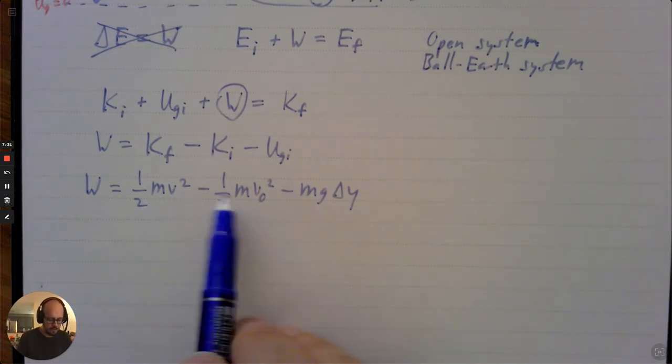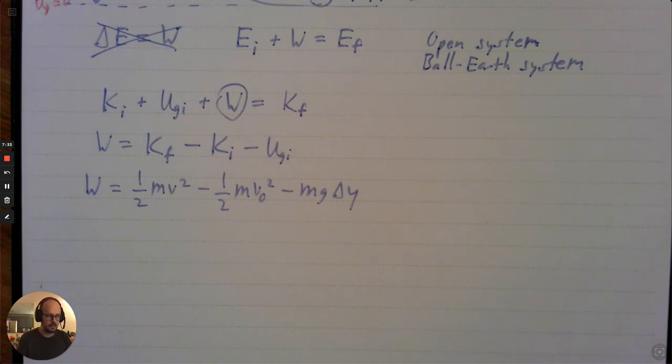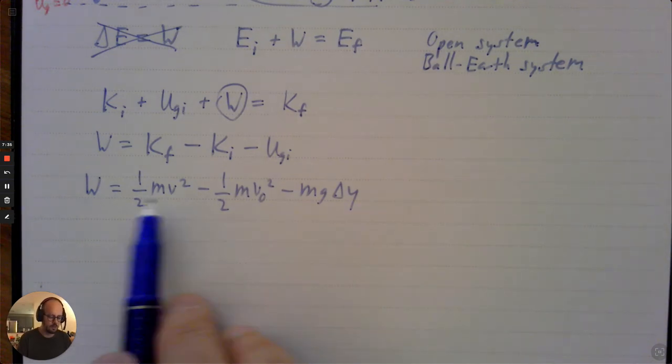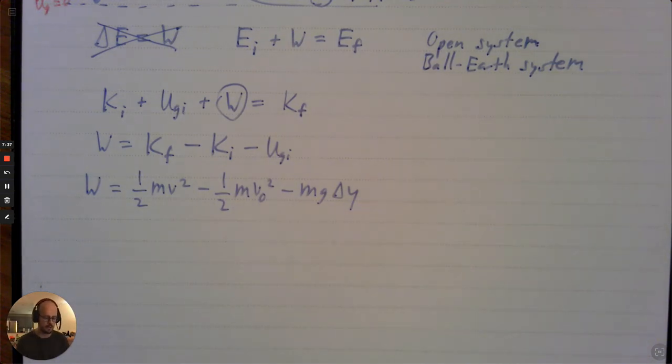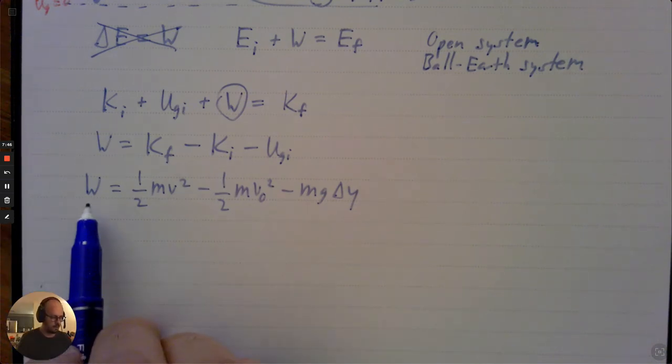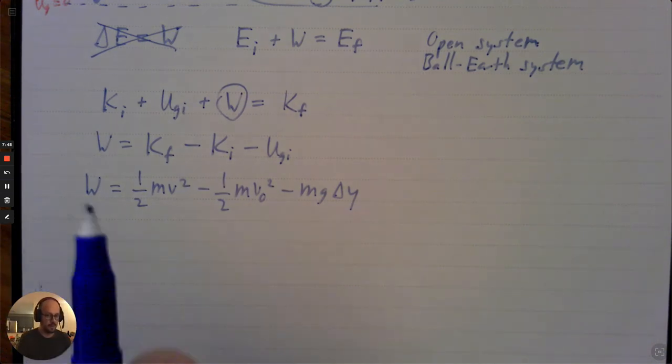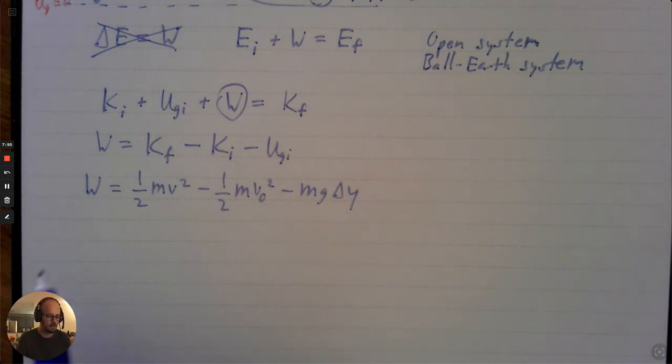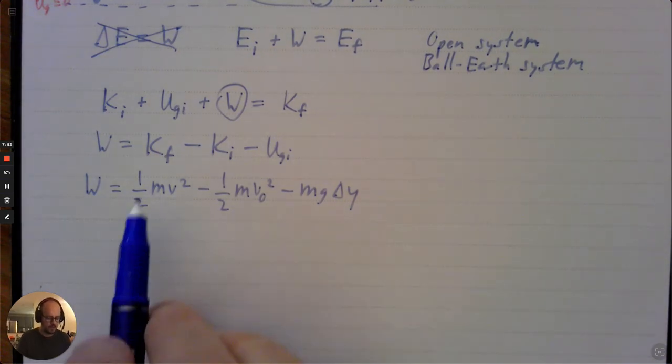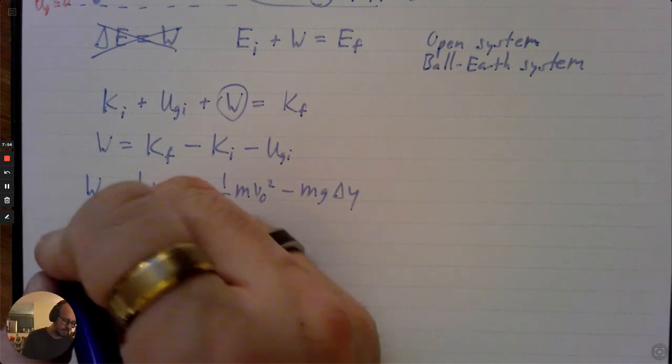You can, if you want to, combine like terms, and put an m in the front of the entire equation with a big parenthetical set of variables. You cannot cancel mass. The variable w doesn't have mass included in it, and so you can't divide mass away. You actually need the mass in this equation.